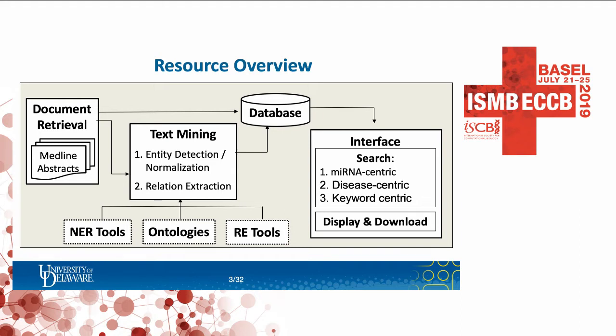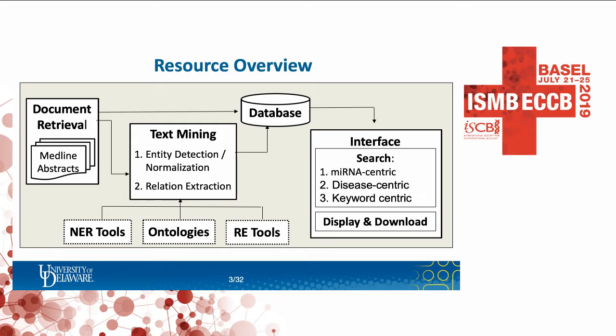The interface enables 3 different kinds of searches. One is the microRNA-centric search, where we get information specific to the microRNAs. The second is that we can get microRNA-related information in the context of a specific disease. And the third is a keyword-centric search, where we can enter any general keyword and then get microRNA-related information based on that keyword.